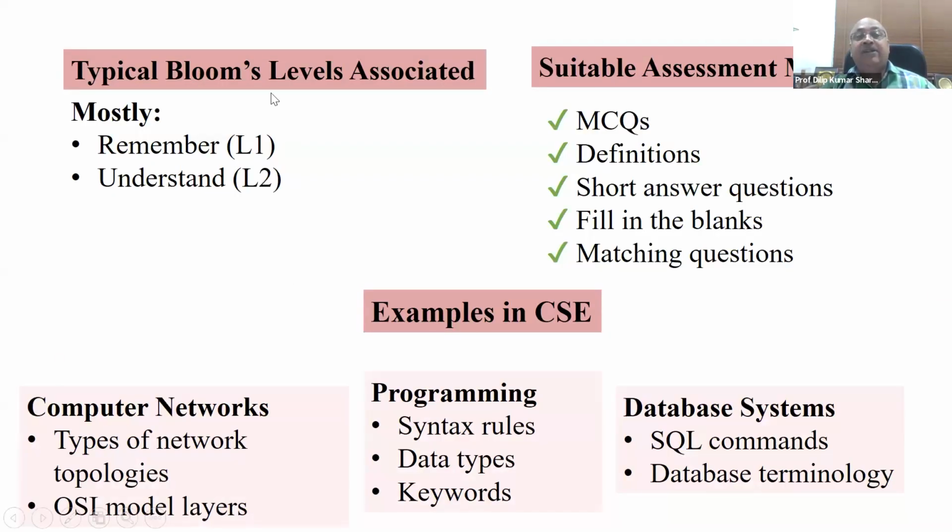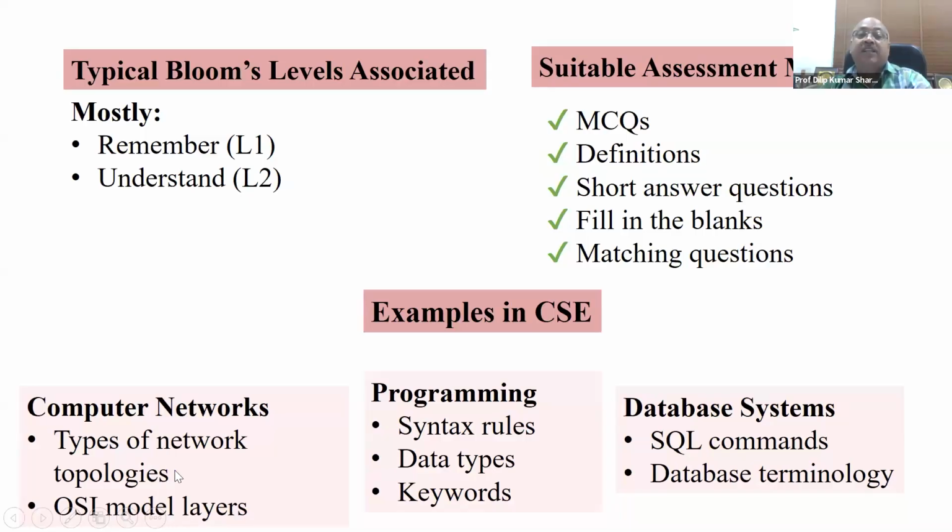The typical Bloom's level associated with this knowledge level 1 is remember or understand, which is suitable for assessment by MCQs, definitions, short answer questions, fill in the blanks, and matching questions.